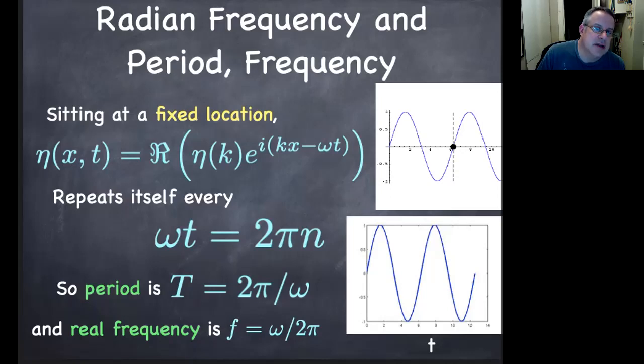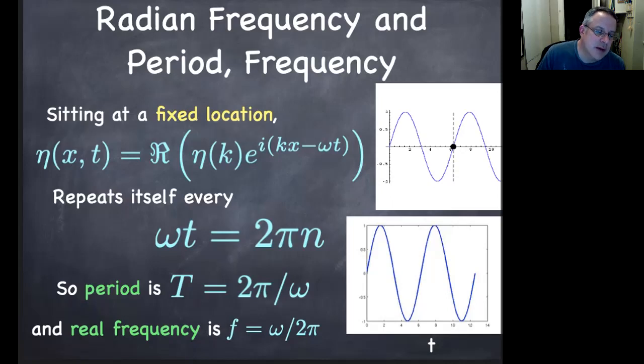So kx minus omega t resets at 2 pi, not at 1, which means the angular frequency times time will reset itself every 2 pi times an integer, which means that the period is 2 pi over omega, not 1 over f.